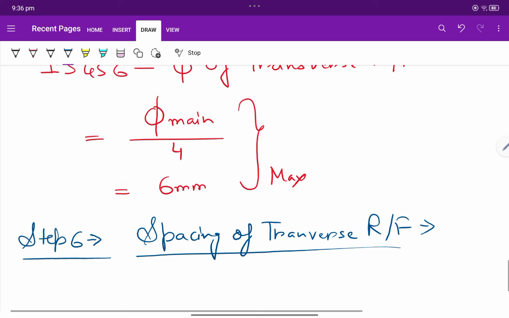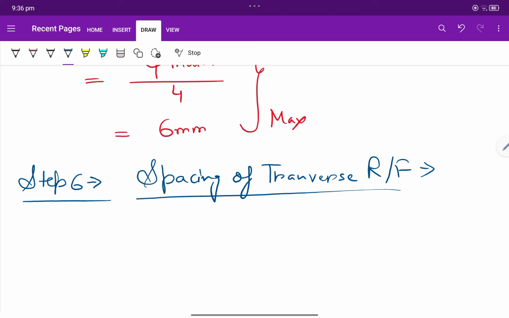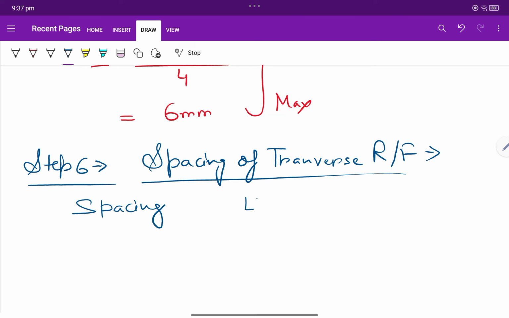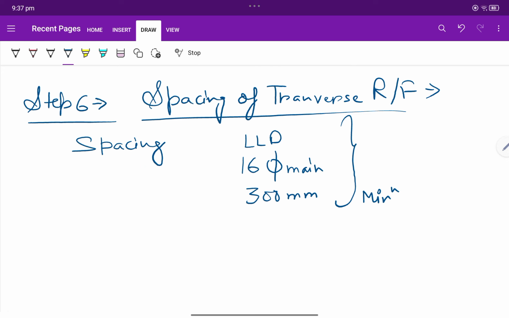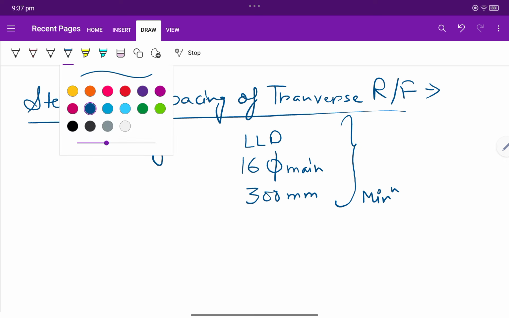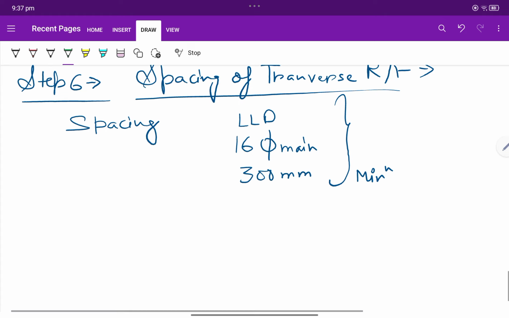According to IS 456, the spacing will be the least lateral dimension, or 16 times the dia of the main bar, or 300 mm, whichever is minimum. So the spacing is now calculated.